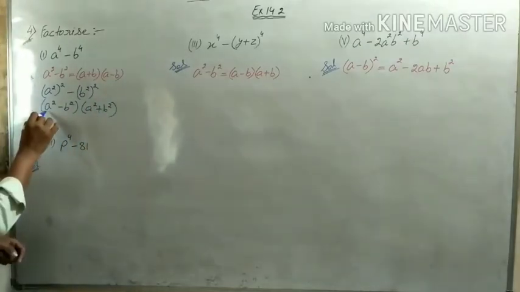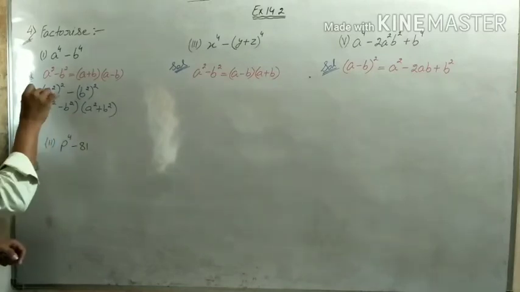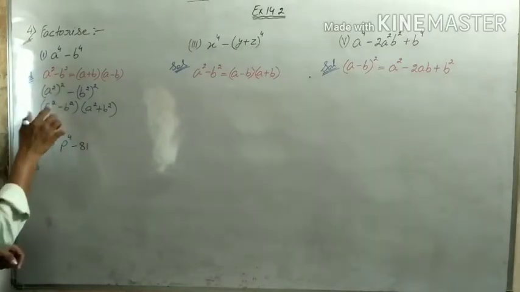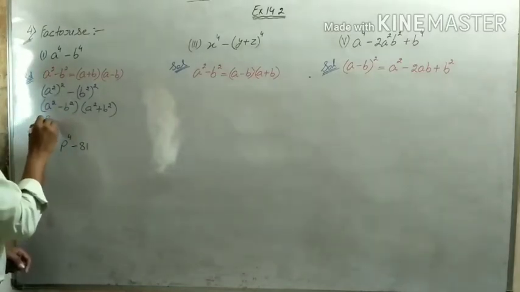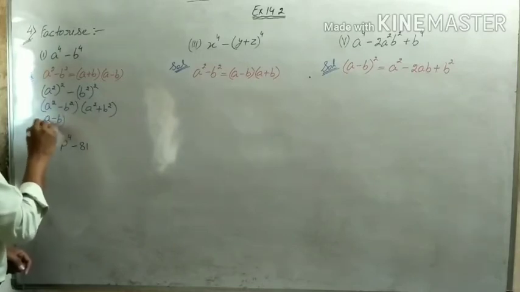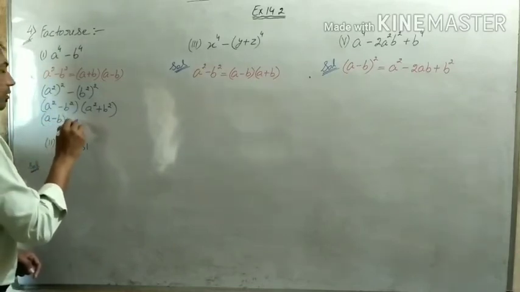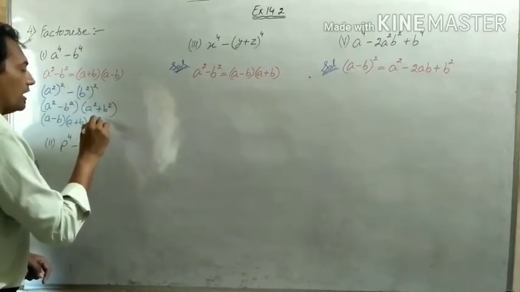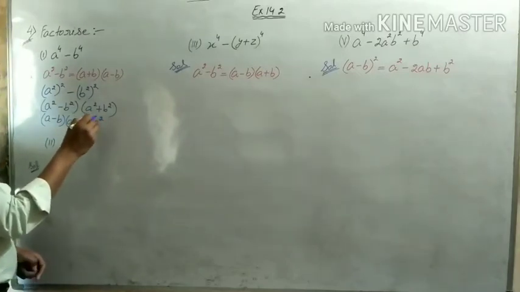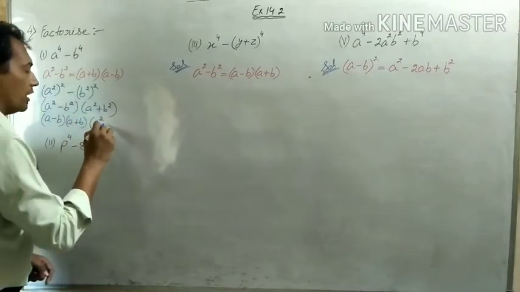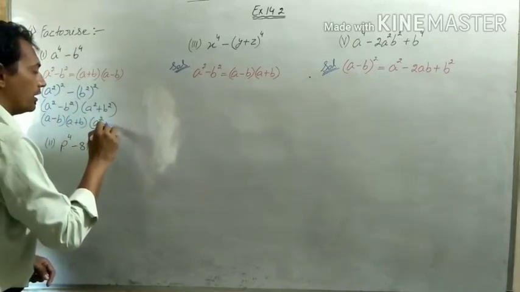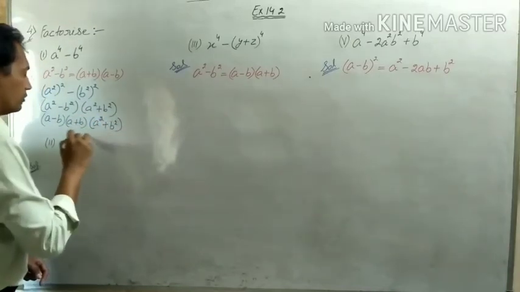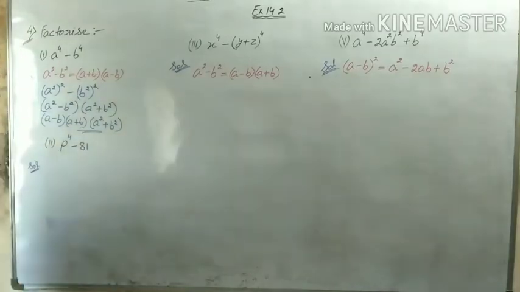Again we can simplify this one. We can apply the same identity here. So we have a minus b into a plus b, and the other one we have to write as it is because there is no formula having plus sign in between. So a square plus b square. So this is your factorization.